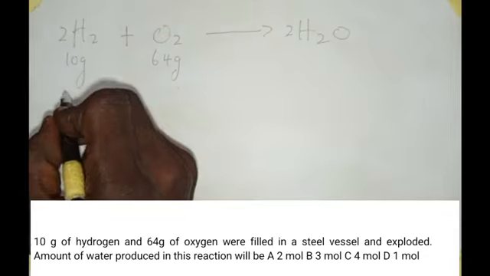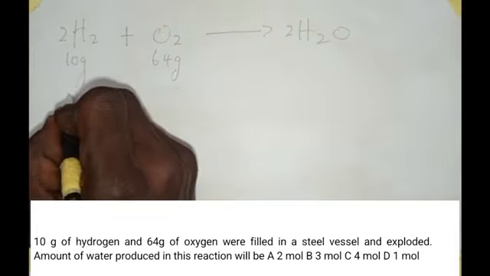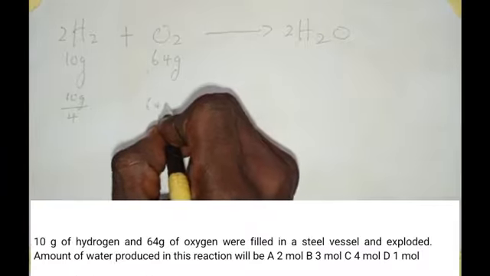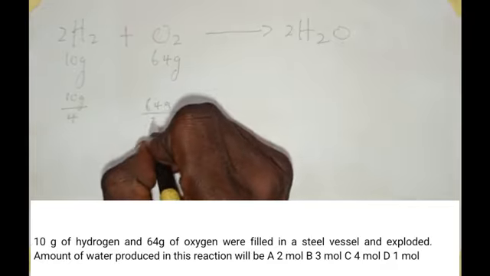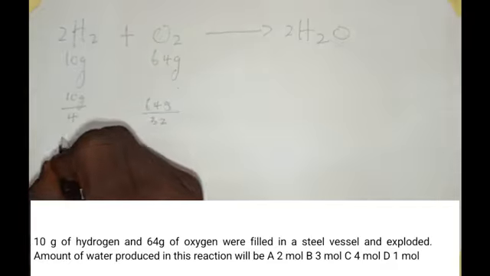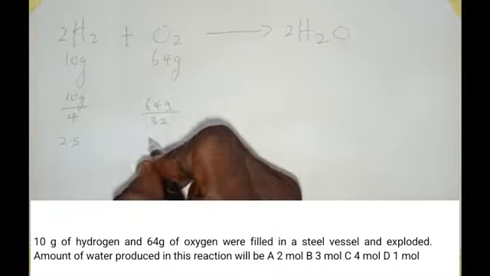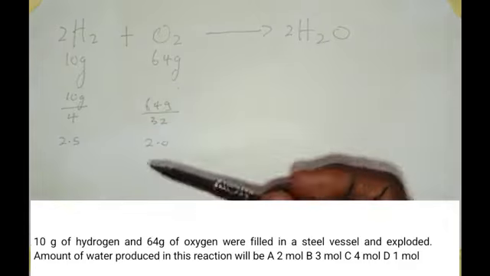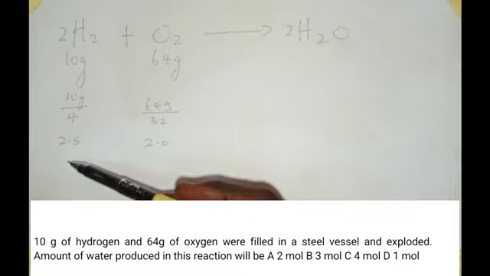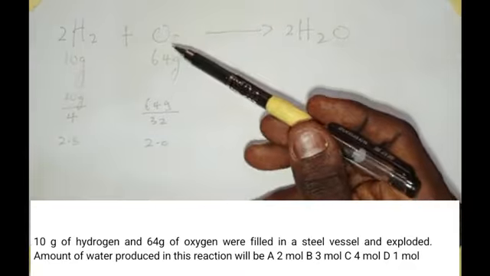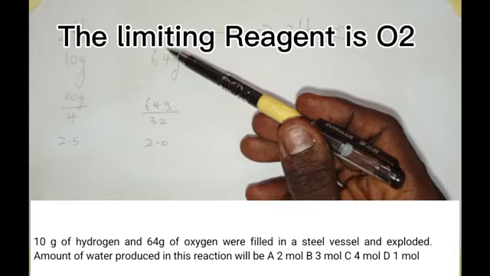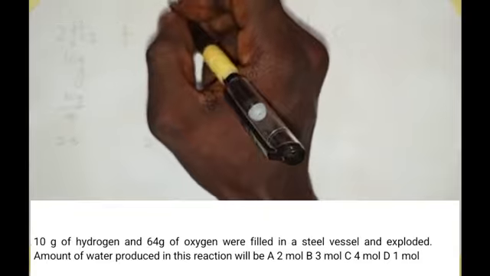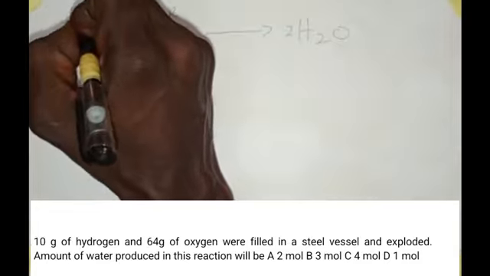So I'm going to have 10 grams here divided by 4, and I'm going to have 64 grams here divided by 32, and we are going to have 2.5 as the answer here and 2.0 as the answer here. So comparing the two, we can see that 2.0 is smaller than 2.5. Hence, the limiting reagent here is oxygen. So since oxygen is our limiting reagent, let me label it limiting reagent. This is our excess reagent.